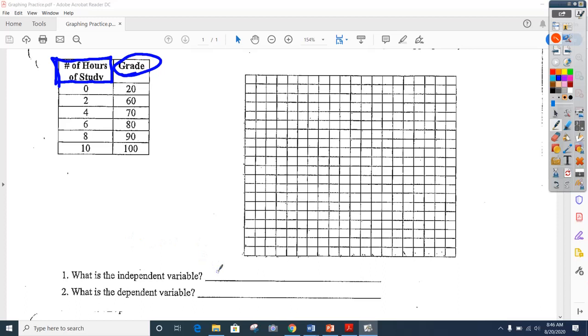Okay, so my independent variable would be the number of hours of study. And you don't have to write any of this down, just think through with me. The dependent variable, the result of that change, the result of what you're changing, would be your grade. Remember, the dependent variable is also something that you are measuring, okay?